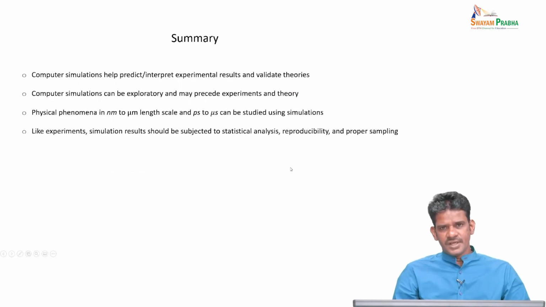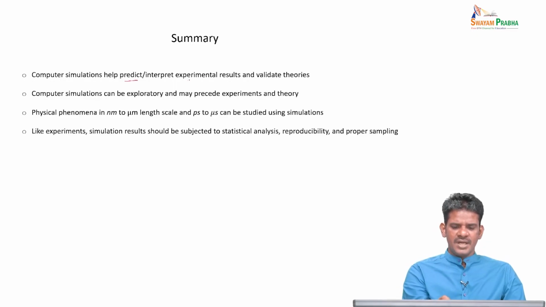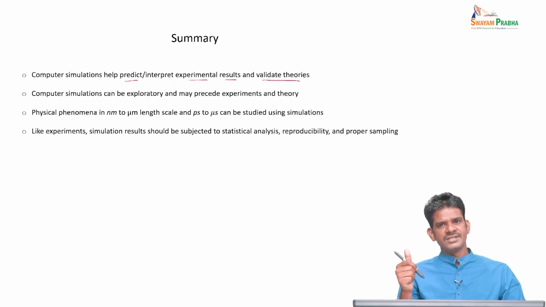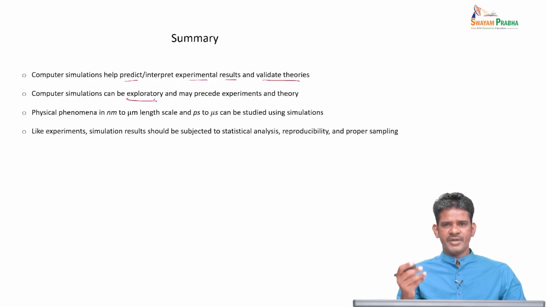So with all this information, I would like to summarize. Computer simulation helps us to predict and interpret our experimental results, and it also validates theory. So that's the most important thing that we want to remember. And sometimes computer simulation can be exploratory. That means you don't have to wait for experiment and theory to be available before a computer simulation can be done.